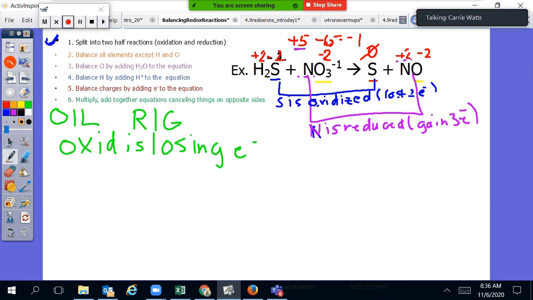To me, that is the hardest part. So that's kind of like your pre-steps before you get to step 1. You put all the oxidation numbers on, you match what's changing, and then you decide which one is losing, which one is gaining. Are we okay on this step?